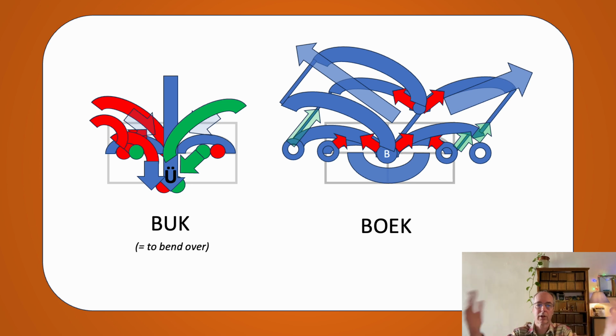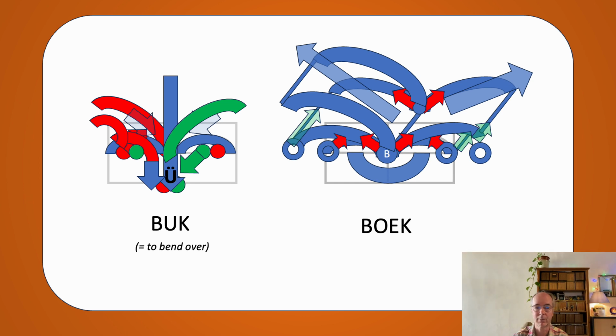BOEK goes outwardly, it can open itself to you, to its content, to what it is extending to you, however you can explain it. There are thousands of ways to do so, but you can see and sense the difference.